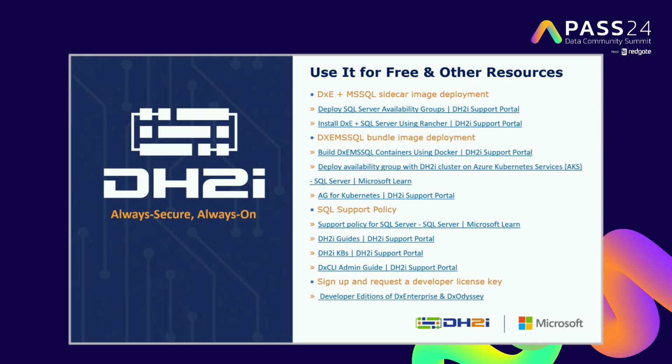When SQL 22 was released, we had something called unlimited containerization just for the Linux perspective, because we know customers are using this and we wanted to give the unlimited virtualization benefits there as well. So SQL Server licensing is practically the same. The SKUs are practically the same, no difference. You have Standard, Enterprise, Developer, all of those SKUs available on SQL Server on Linux. For DH2I, it's licensed at the core level of your worker nodes.